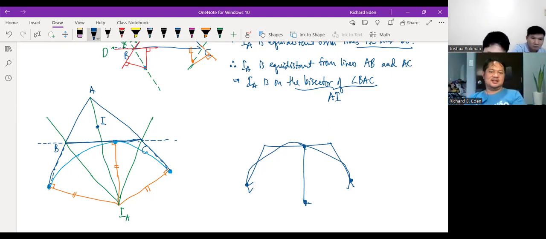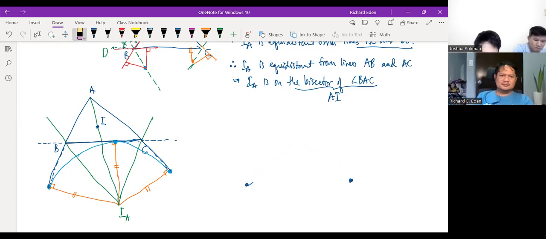It's because of the congruent triangles. I sub A to AB is congruent to I sub A to AC, and I sub A is congruent to itself, by reflexive property. And we already proved that BAI sub A and CAI sub A are congruent, since it's an angle bisector. Go through that again, Joshua.